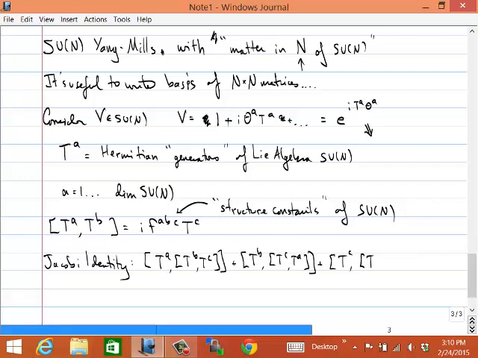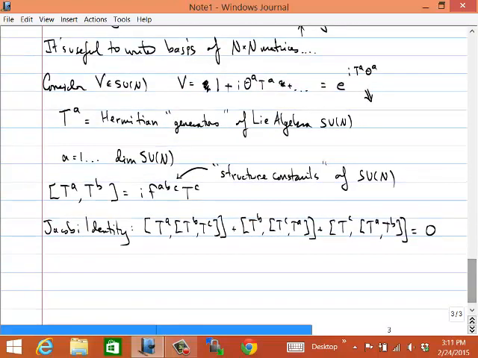This is an elementary formula to prove if you just write it out using commutators. But I'm emphasizing it for reasons that will become clear in just a second.